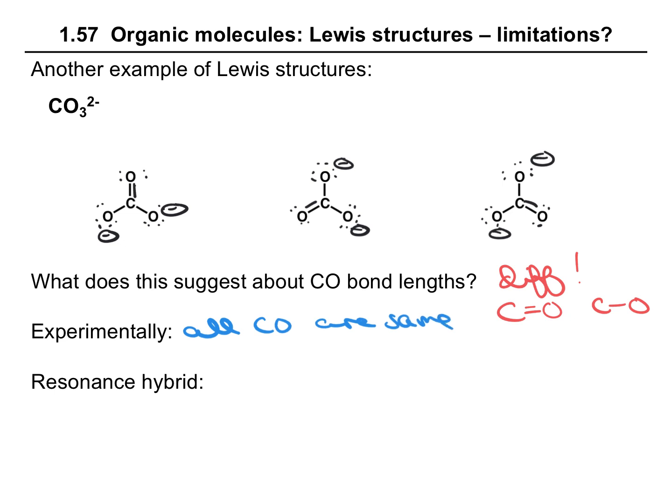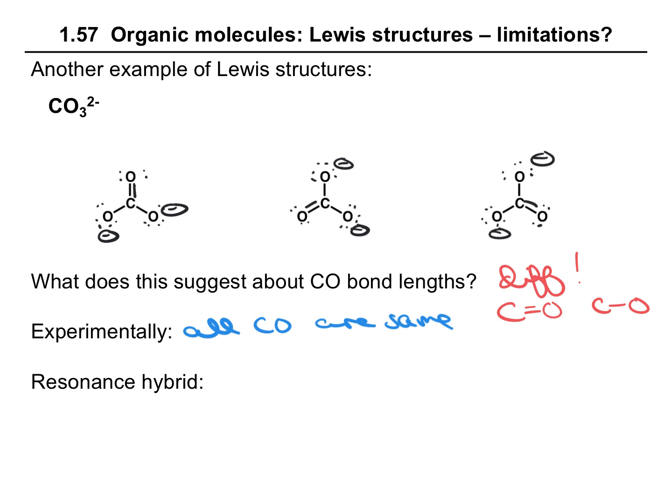So this Lewis structure is not an adequate picture of what must actually exist. And we said that what exists is a resonance hybrid.